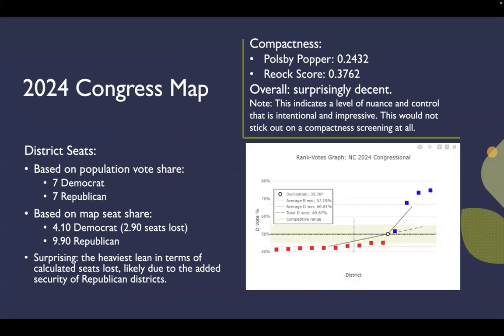It's a biased map, but you'd have to do a little bit more digging to figure that out. As you can see on the graph here, Democrats lose almost 3 seats total, and Republicans clear out at almost 10 seat shares. The compactness scores are surprisingly decent. But again, as I alluded to, the control is intentional and impressive to give that Republican bias.